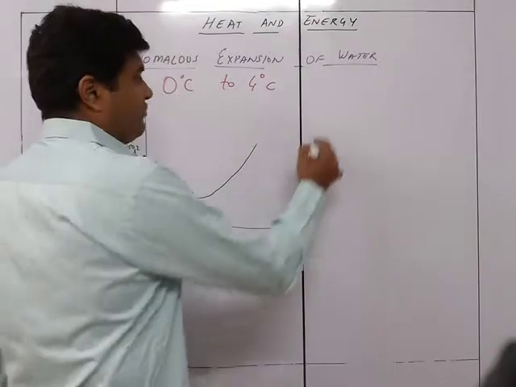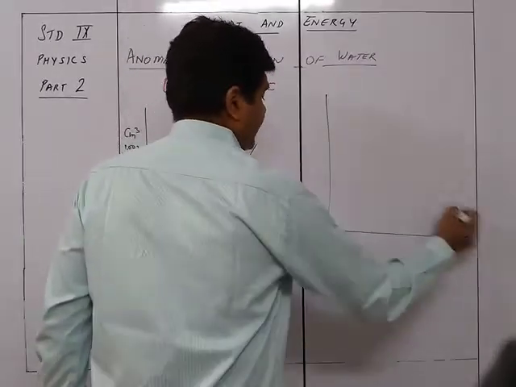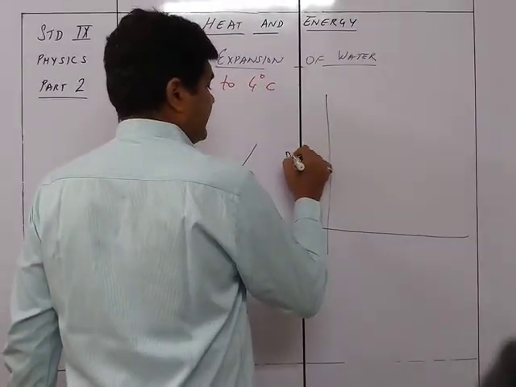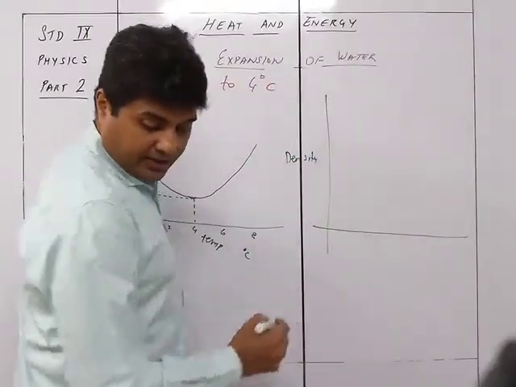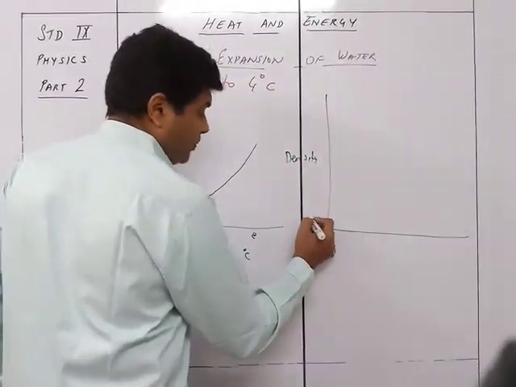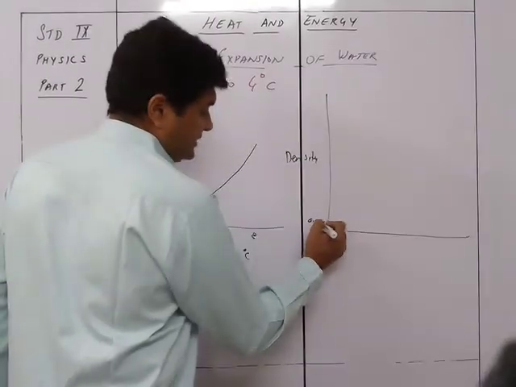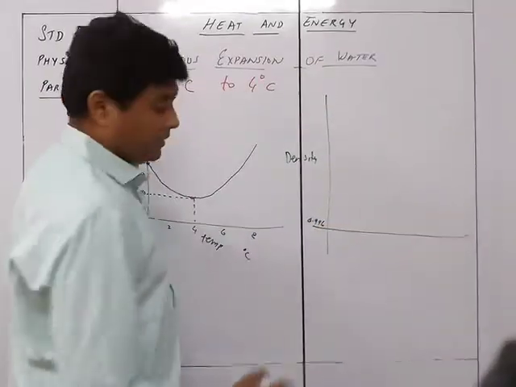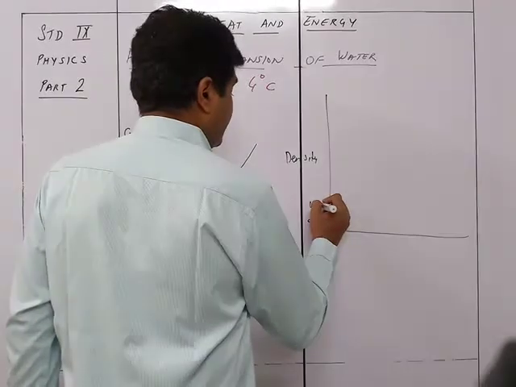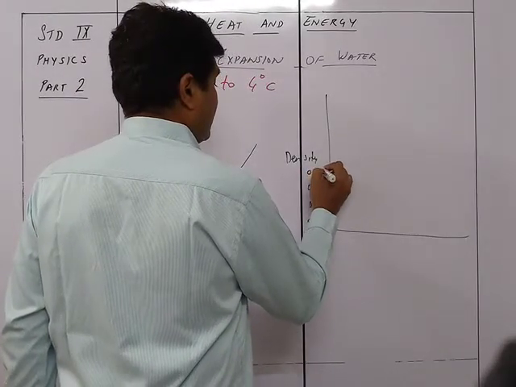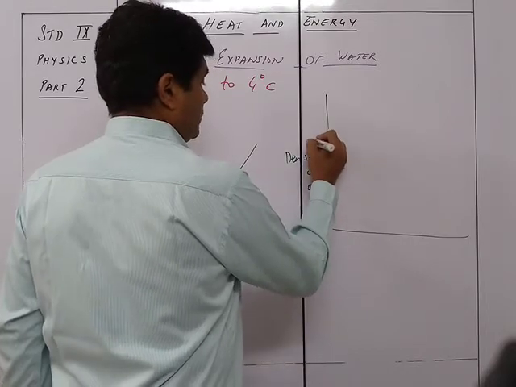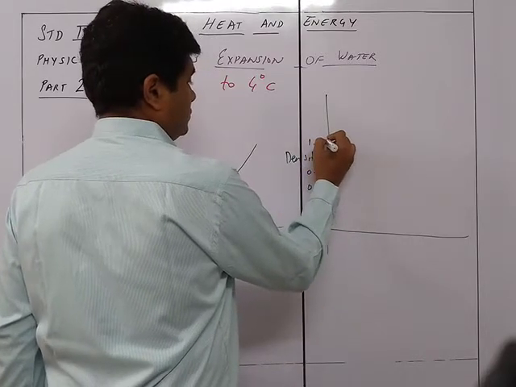Now we know that volume and density are related to each other. In the same way, if I plot the density over here, we take the same values: 0.996, 0.997, 0.998, 0.999, 1.0, 1.001.